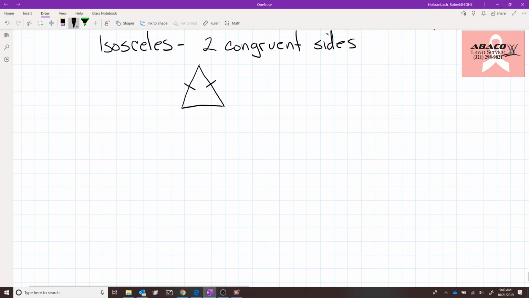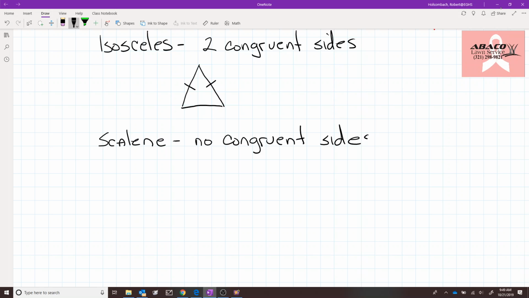And the third type, when you're classifying by sides, is called scalene. And that has no congruent sides. All the sides have different lengths. Any questions on any of those terms or definitions?